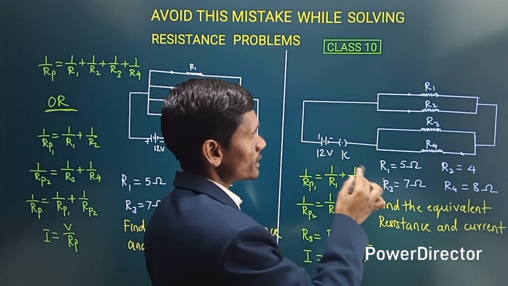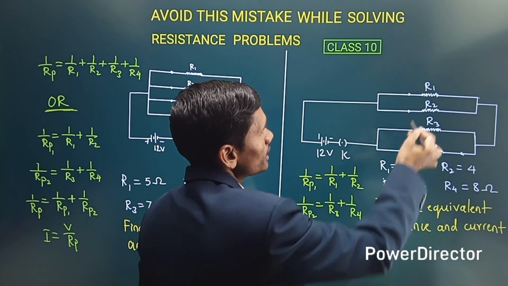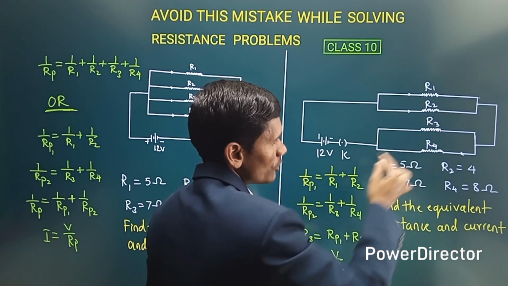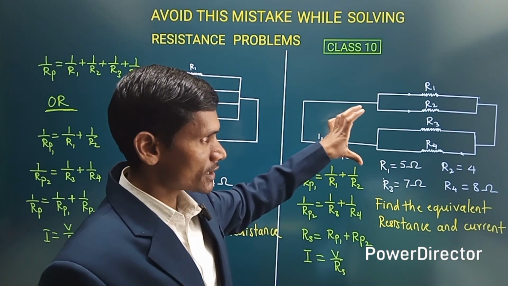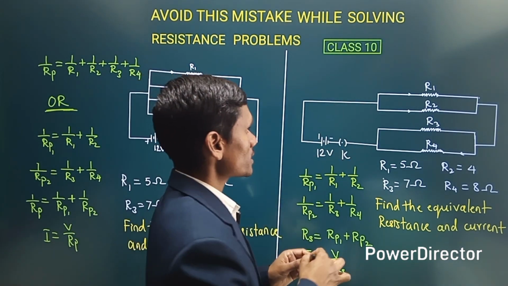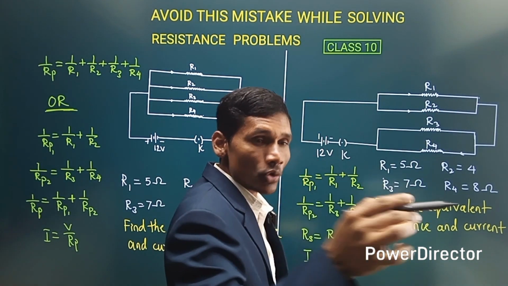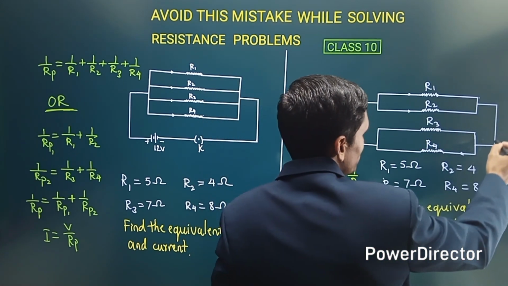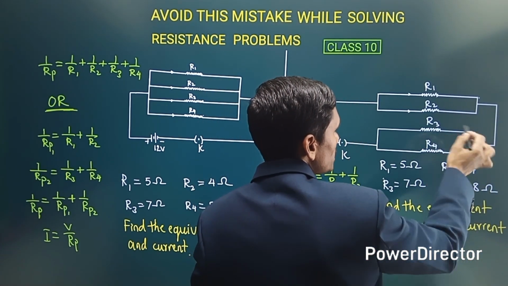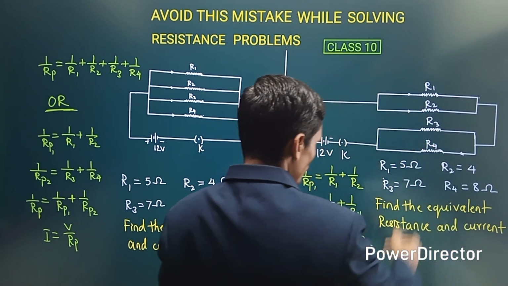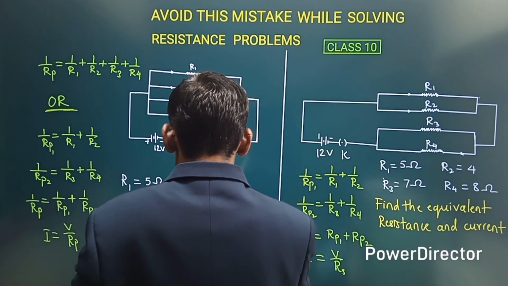Now coming to this case, here are R1, R2, R3, R4, all the four resistors connected. How are they connected? Here R1 and R2 are in parallel. This whole set is running through one more set, see here R3 and R4. If you stretch and keep it here, it will look different.